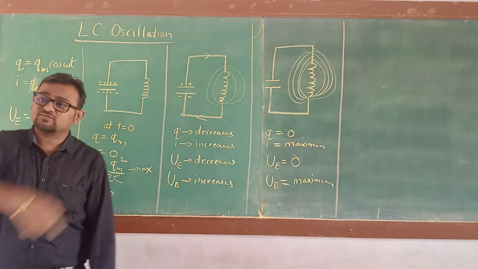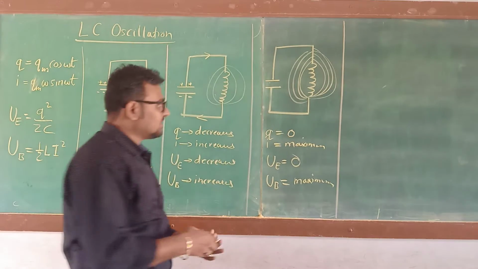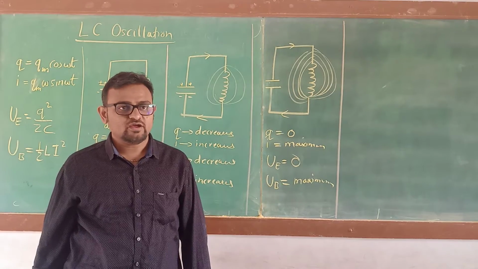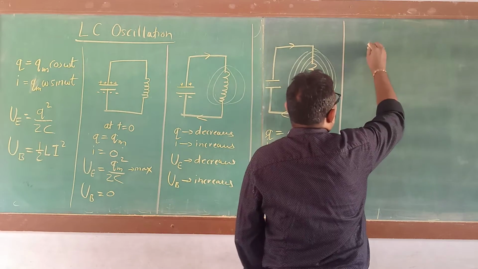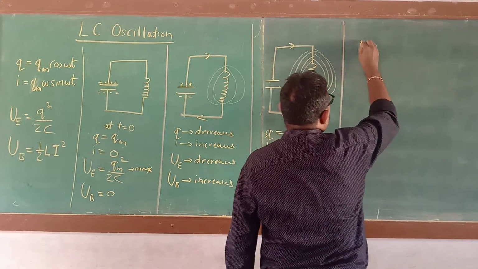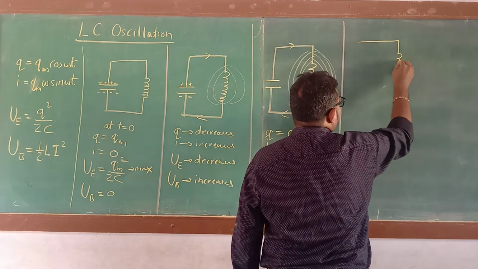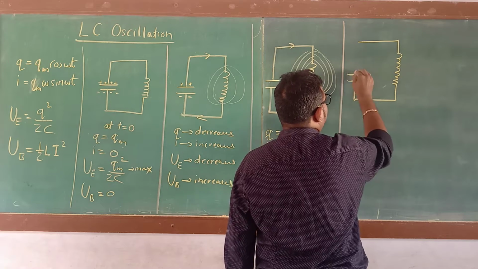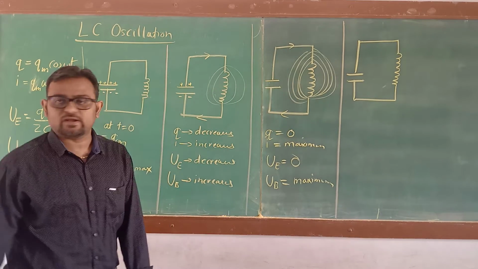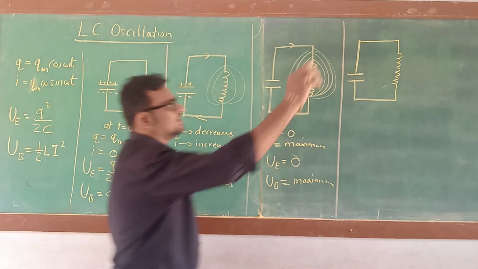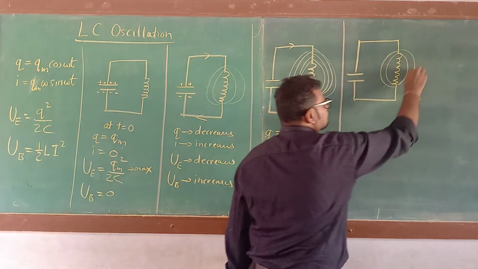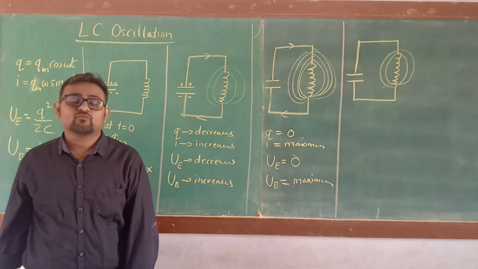Okay, now as the current is flowing, what happens? Current is flowing in this direction. Okay, so what will happen? Now the current decreases. The current in this inductor decreases, and what is it doing?